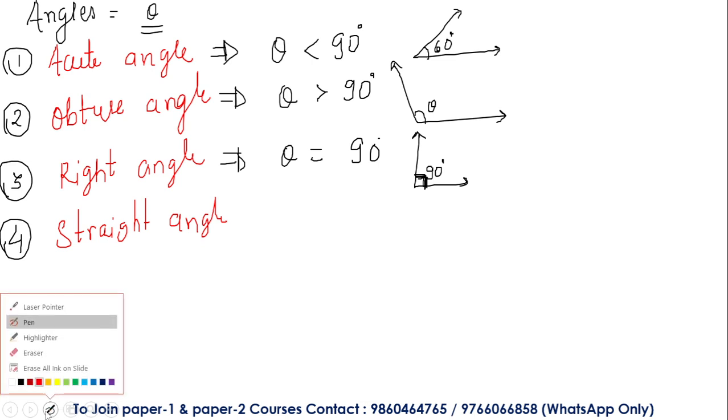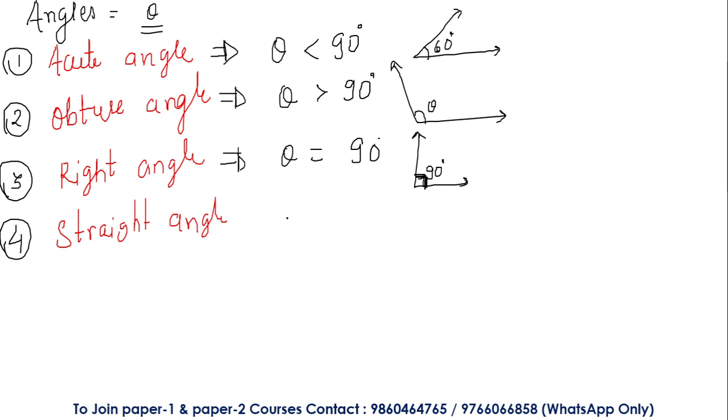This is the imaginary line that I have drawn. In this particular line, for example, this is the central point. So this angle from here to here is called a straight angle, and straight angle is equal to 180 degree. So always remember, in case of straight angle, theta is equal to 180 degree.